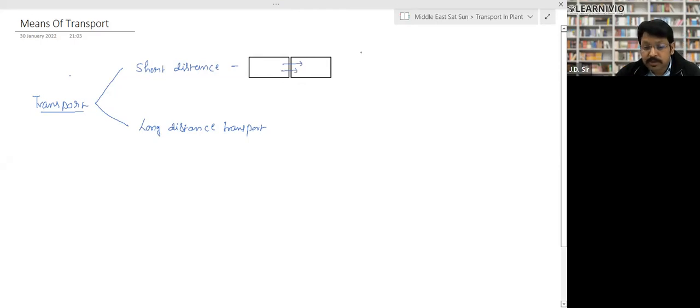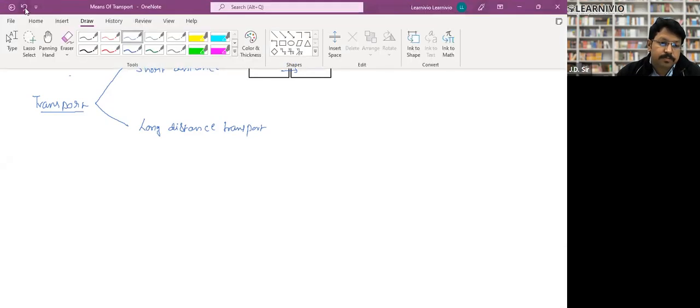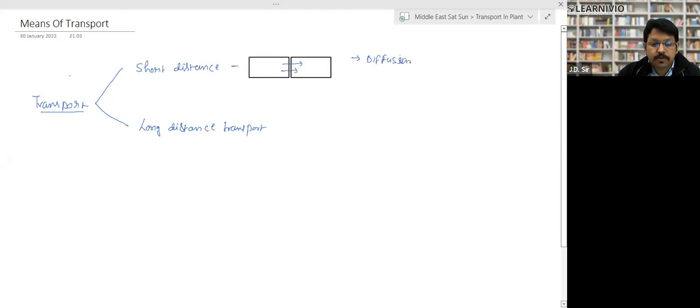There may be one process, that may be diffusion, right? It may be due to diffusion, or it may be due to osmosis.